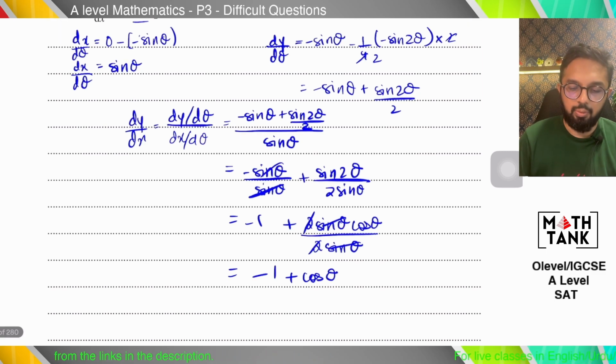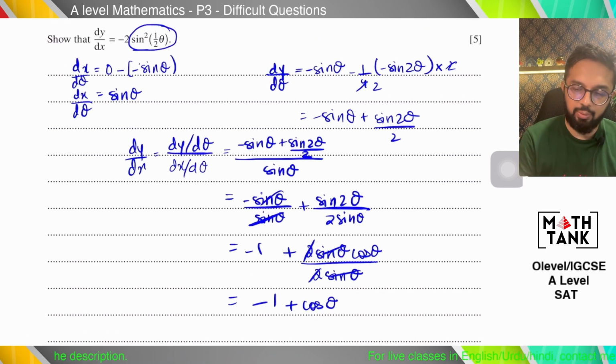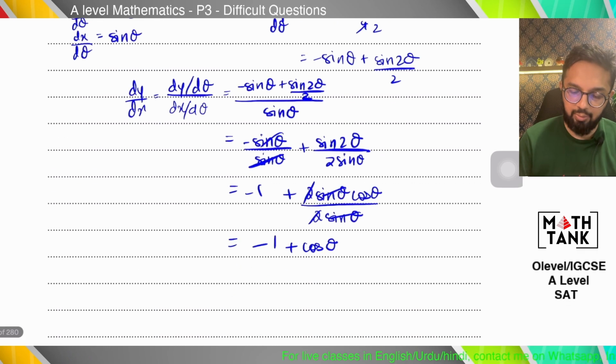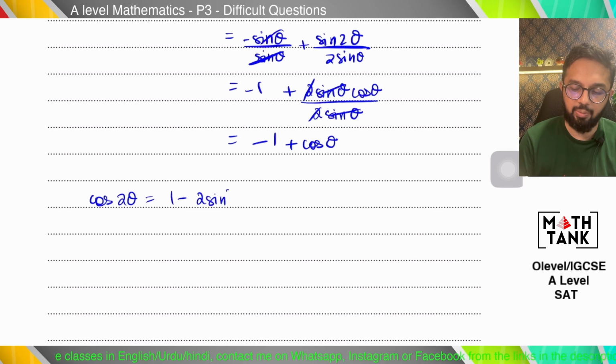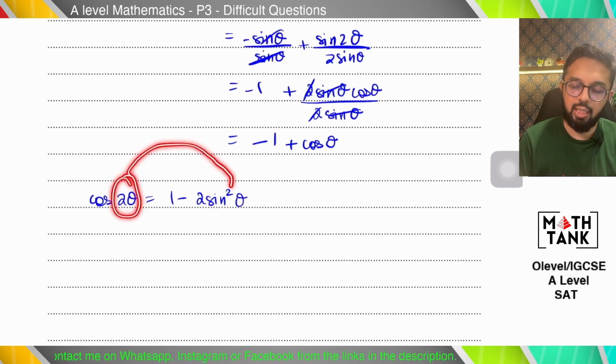Okay, now let's try to figure out how to do this. Remember this identity where you used to do cos 2 theta equals 1 minus 2 sine squared theta. We did this in the lectures, that this angle is always half of that.